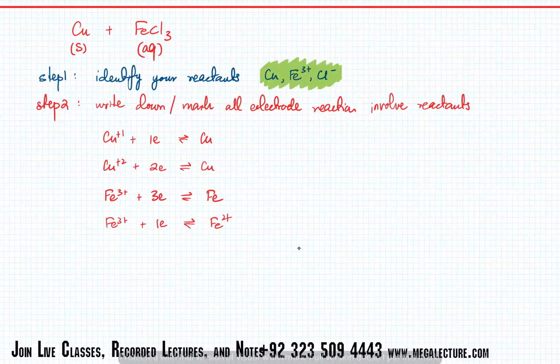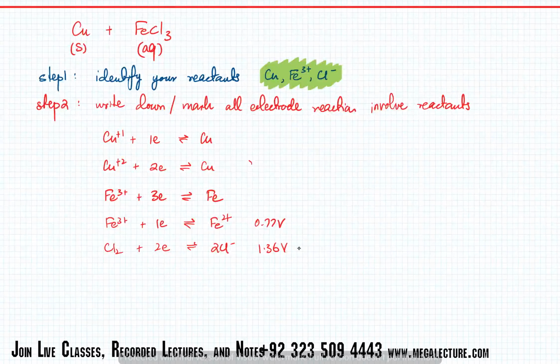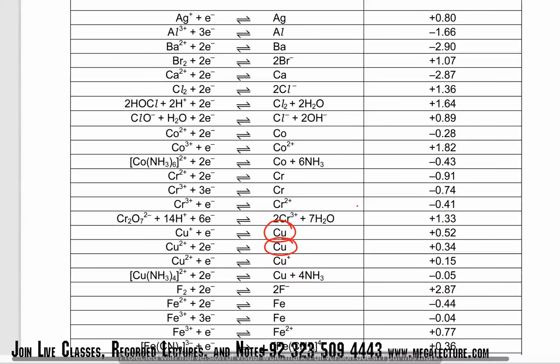And then for Cl minus 1, I had this one, which was Cl2, and I think this was 1.36 volts. This one over here was 0.